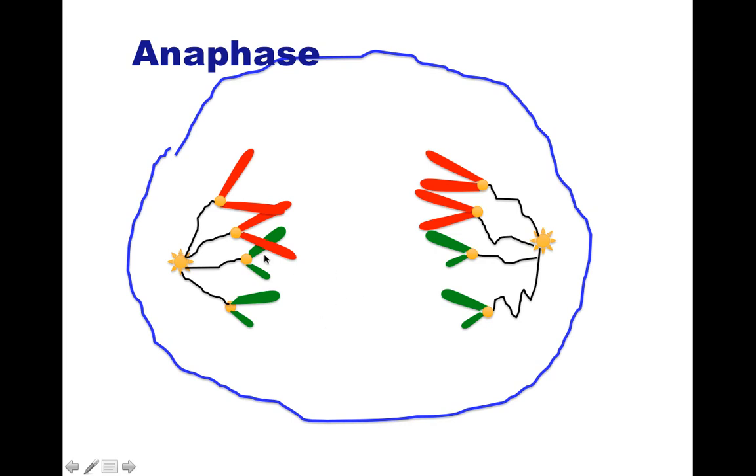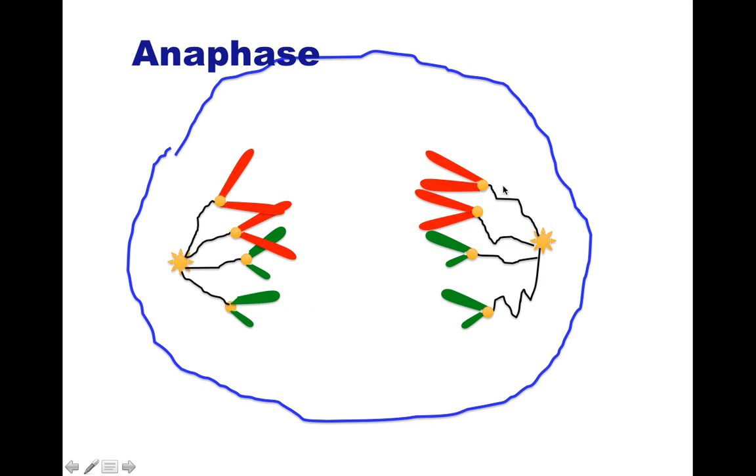Here we see that happening right here. Here's our chromosomes being pulled away from one another. Now look at what's happening. Got 2 red chromosomes here, 2 green chromosomes here, 2 red chromosomes here, 2 green chromosomes here. And this green chromosome is exactly the same as this one. This one is exactly the same as this one.